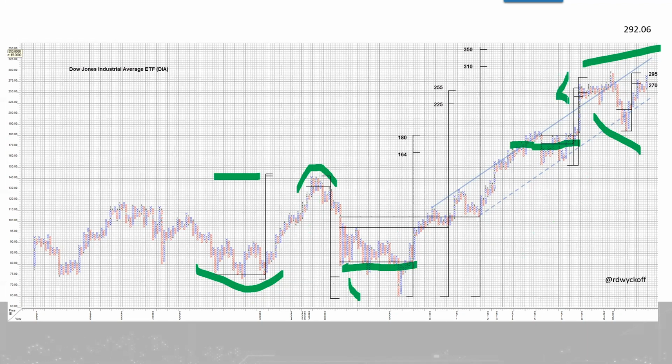Look at the counts that are being fulfilled off of this accumulation area here. Well, now we're starting to get the ever increasing volatility. Here's our accumulation count at the COVID lows, throw under of the channel, and here we are into the area of where the count objectives have been met.